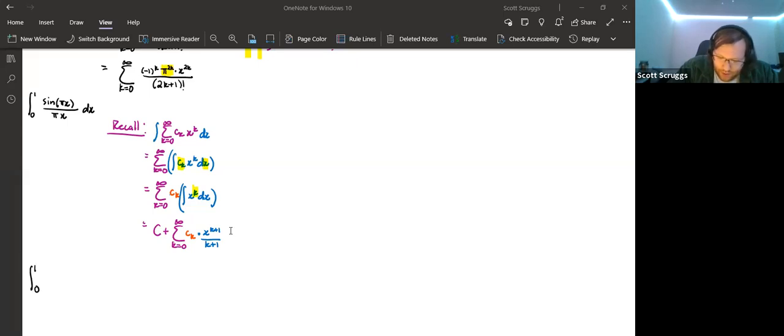The integral from 0 to 1 of sine of pi times x over pi times x dx. From part A, we know what the Maclaurin series is for that guy. And because I have technology, I'm going to cheat, copy, move it here, change it all to blue. Get rid of that.